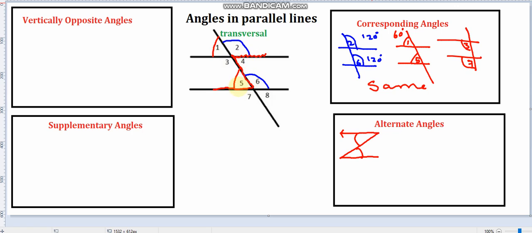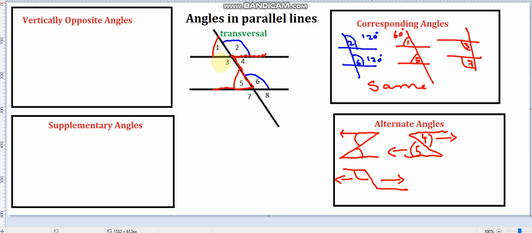So angle 5 is alternate to angle 4. This is like this, which I just drew on the shape. Angles 4 and 5 are alternate. One is facing right hand, the other is facing left hand. They can also make a shape like this. One is facing left side, the other is facing right side.